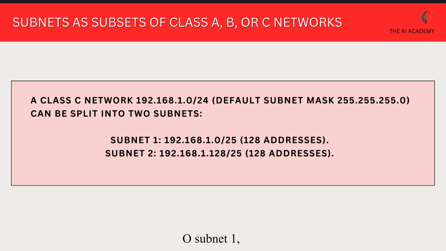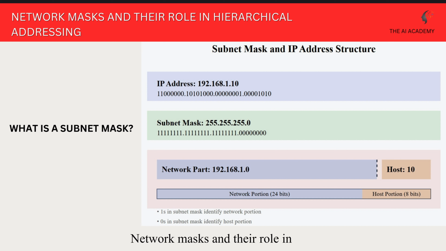Subnet 1, 192.168.1.0/25, 128 addresses. Subnet 2, 192.168.1.128/25, 128 addresses.